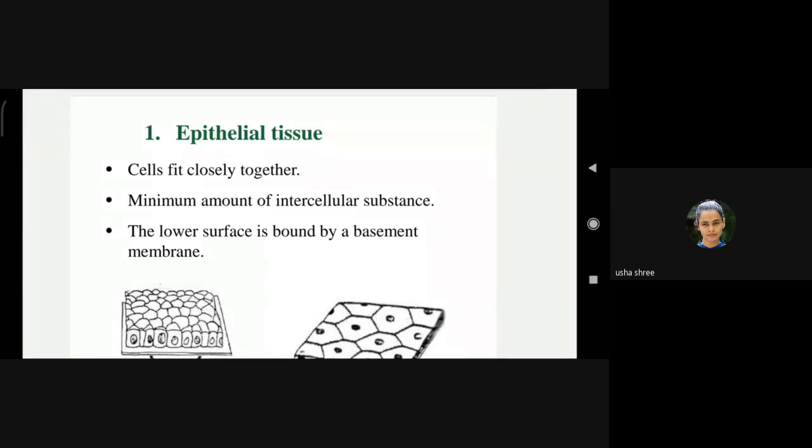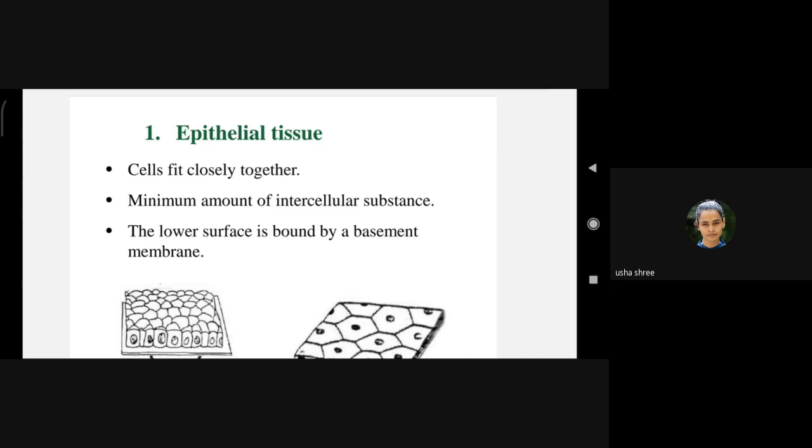So, if we study epithelial tissue, then we can see that the cells of epithelial tissue are closely fitted. Minimum amount of intercellular substance. Intercellular substance means the space between two cells is very little. The space between two cells is known as intercellular space.